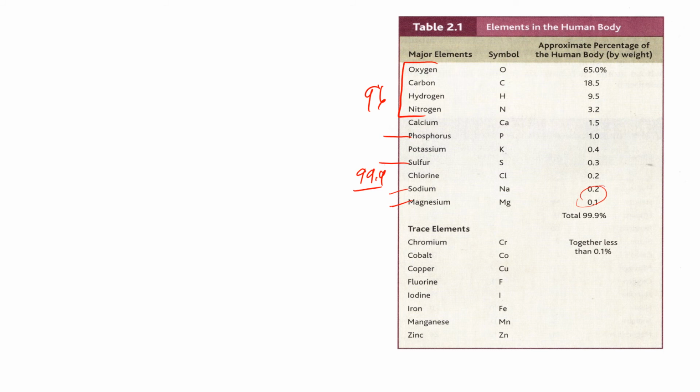Sodium is too much to be considered a trace element, because it's 0.2%, where the trace elements are less than 0.1%. So we pretty much have all these adding up to that. I think we're going to stop with this part right now before we get into the individual uses of those. We'll look at those as we continue.